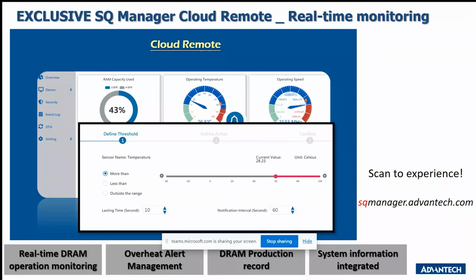We have real-time DRAM operating monitoring to monitor overheat protection records. We also offer overheat alert management, and integrated system information.